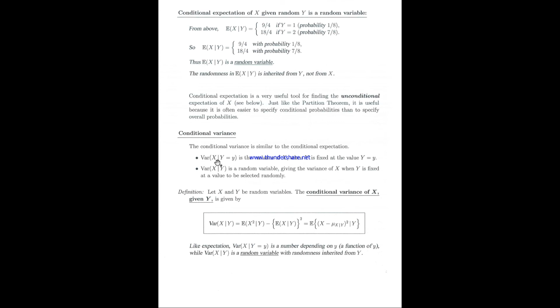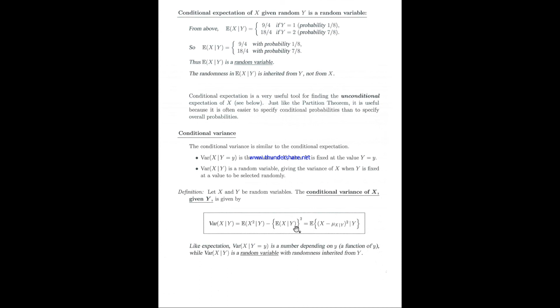The variance of random variable x given y is equal to small y is the variance of x when y is fixed at the value small y. So in this case also, you can observe the conditional variance of x given y as a random variable, because it's changing due to y.